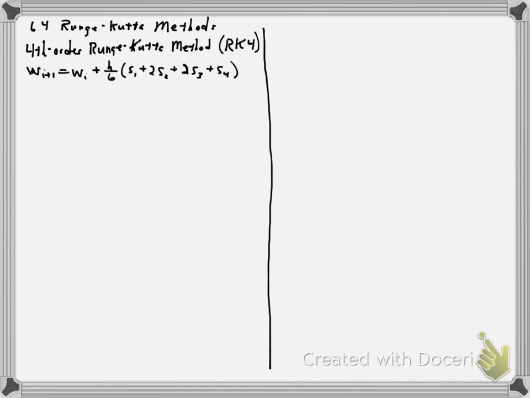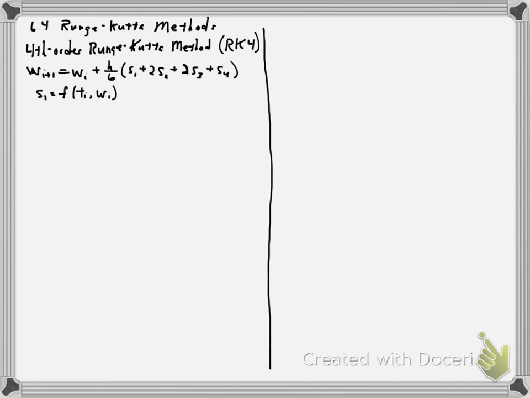It's W sub i plus h over 6 times a sum of things involving S1, S2, S3, and S4. And so now I'm going to write down what those things are. Okay, the S's are all related to f of t, y, or actual evaluations of f of t, y. So specifically, S1 is equal to the function evaluated at t sub i, W sub i.